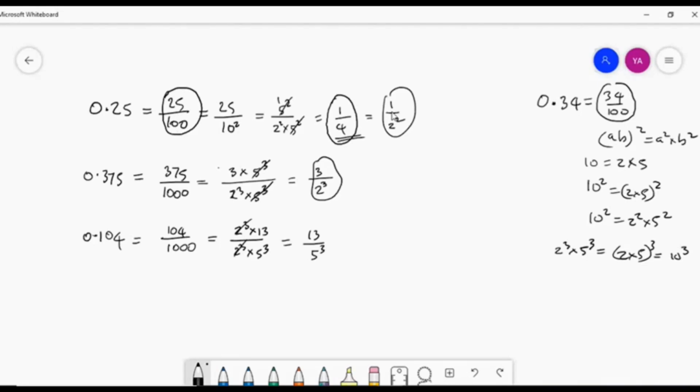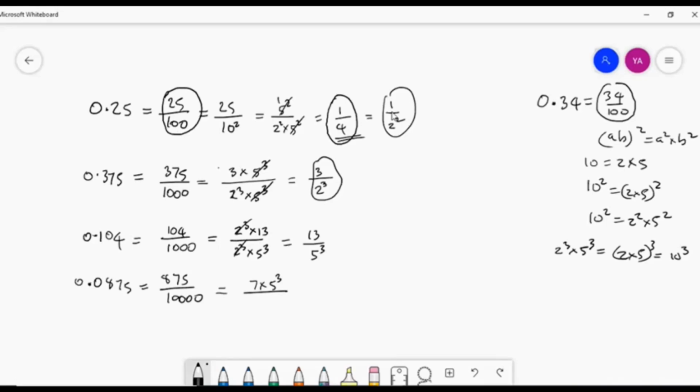Now one more we can do, the last one, 0.0875. I shall write the prime factorization of the numerator. The fraction will be 875 by 10,000, because there are four decimal places. For 875, the prime factorization is 7 into 5 cube. 5 cube is 125, and 7 into 125 is 875.